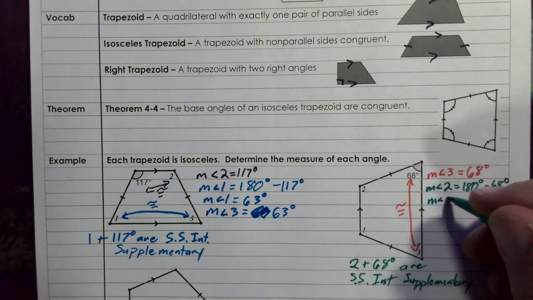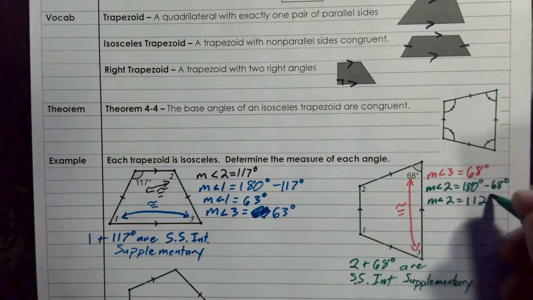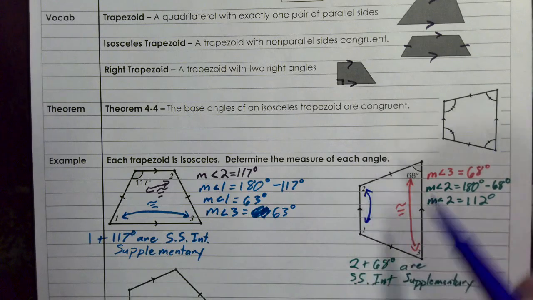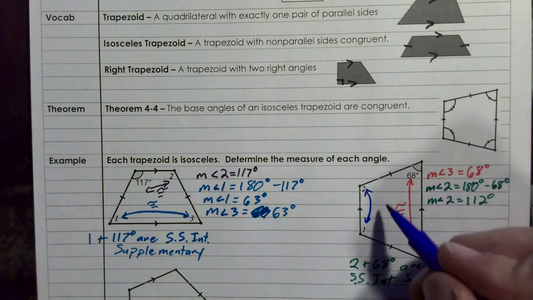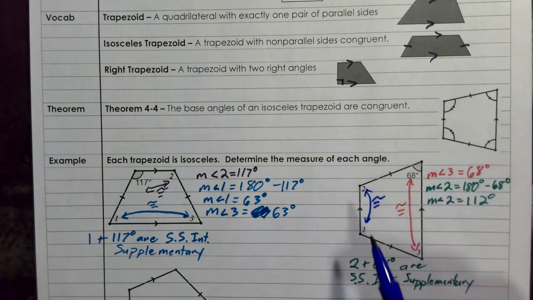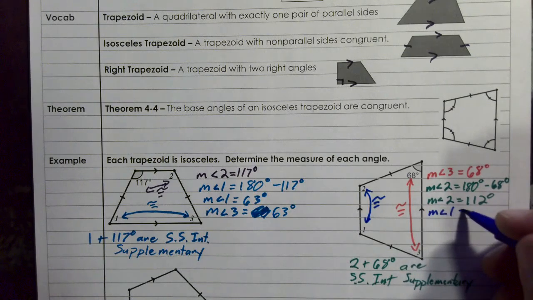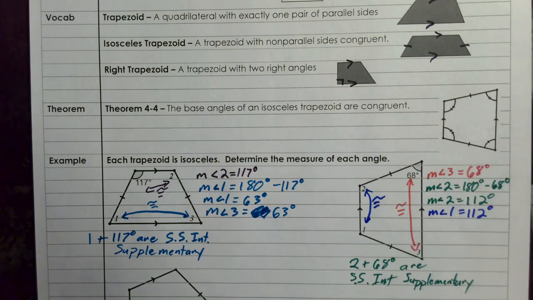So the measure of angle 2 is 112 degrees. Now, since these two are also base angles in this isosceles trapezoid, they also have to be congruent according to this theorem up here. So we can say that the measure of angle 1 is also 112 degrees.